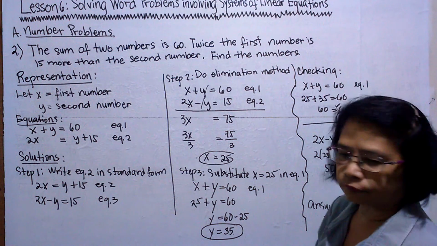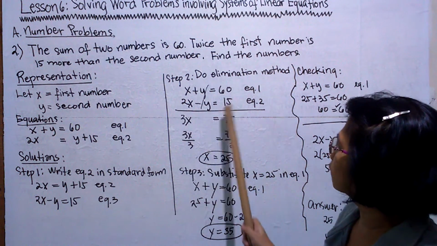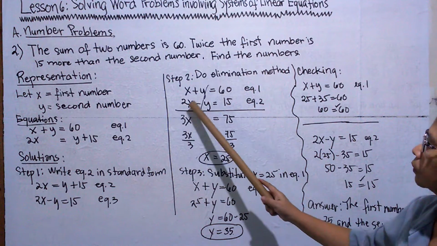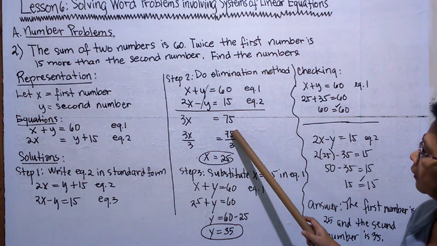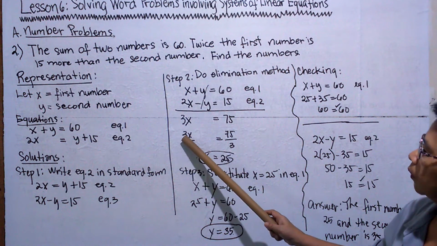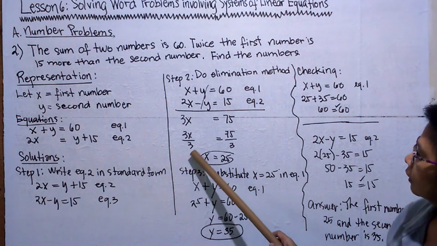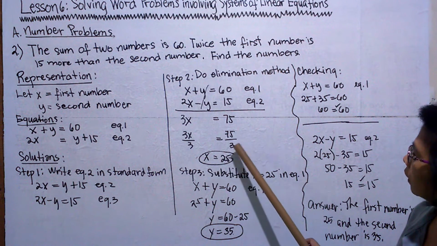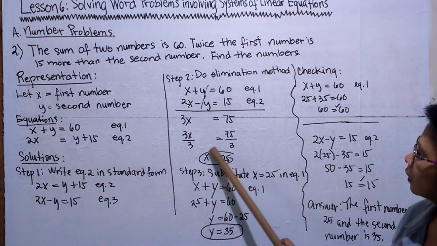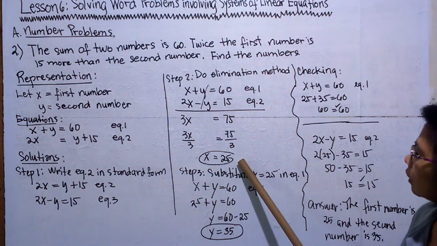So what are left? The x and the constants. So x plus 2x is 3x. 60 plus 15 is 75. Then divide both terms by 3. We have now x equals 75 divided by 3, 25. So this is the first number.